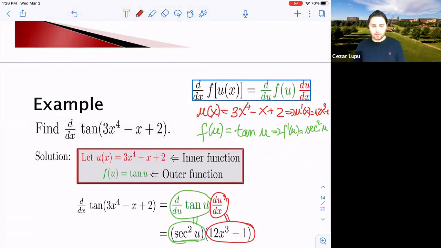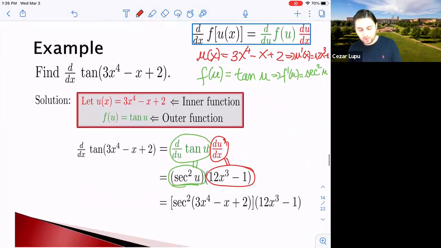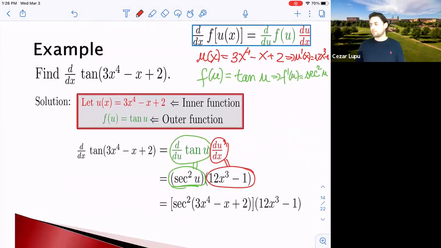And now you're just going to replace who u of x is, and there you go. So keep in mind that this is u of x here, and keep in mind that this whole thing here is u prime of x. Okay.